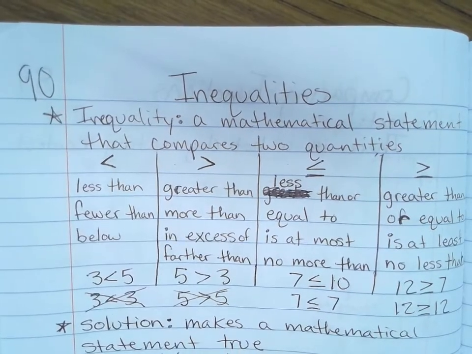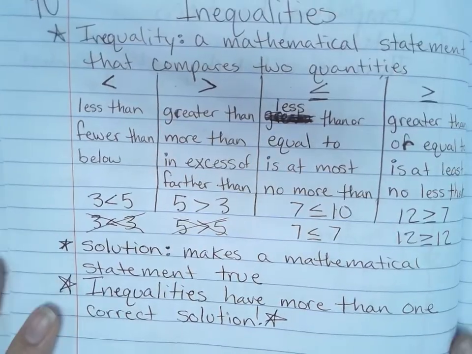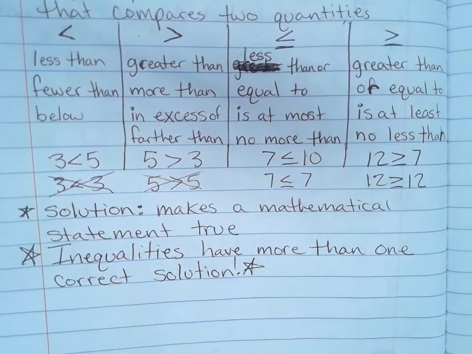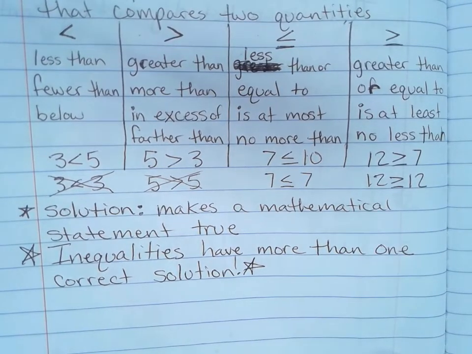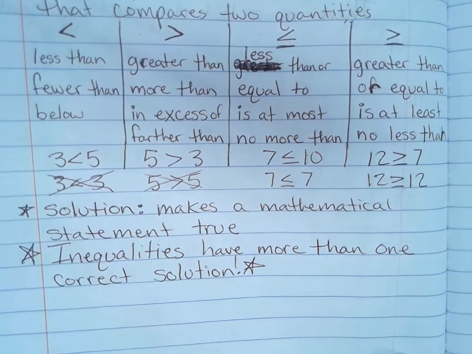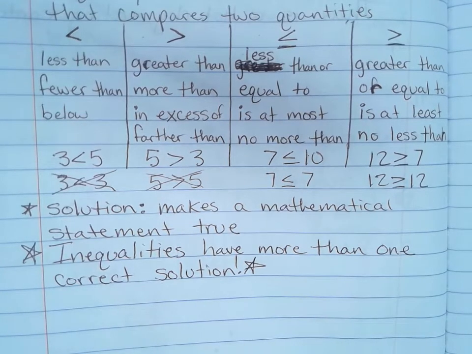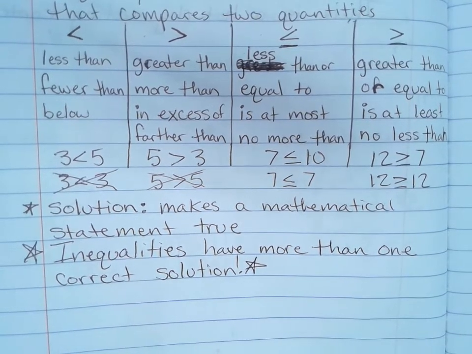So a solution makes a mathematical statement true, and inequalities have more than one correct solution. So when we have an inequality with a variable in it, there could be more than one number that actually makes it correct.